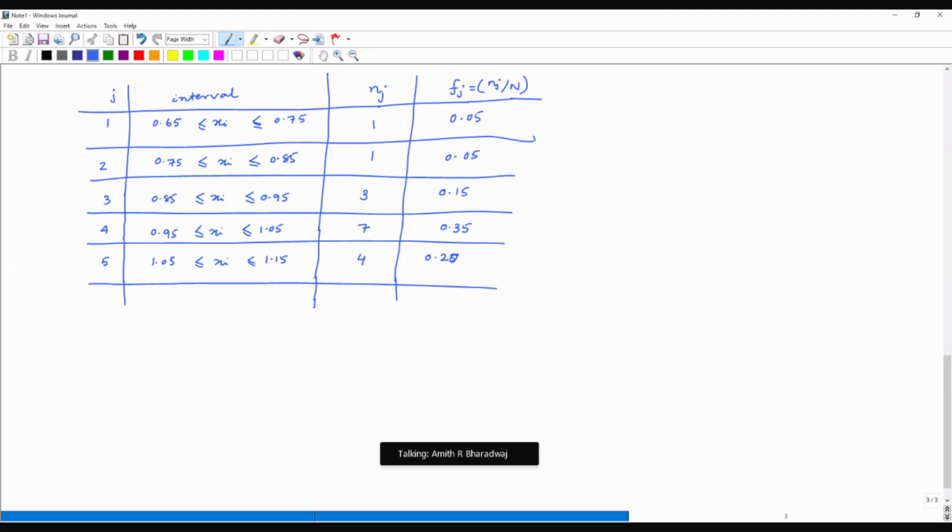So in which interval would 1.05 belong? Okay, I think that's a good question. I should have used less than here, not less than or equal to. I made a mistake here. Now it is clear, right? Yes, sir. Sorry for that.